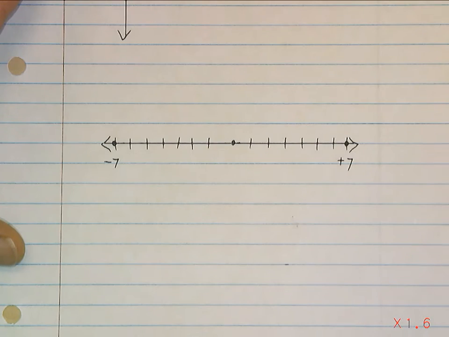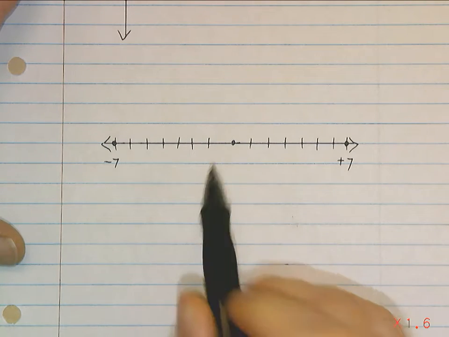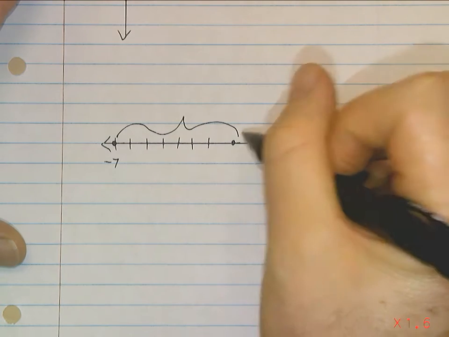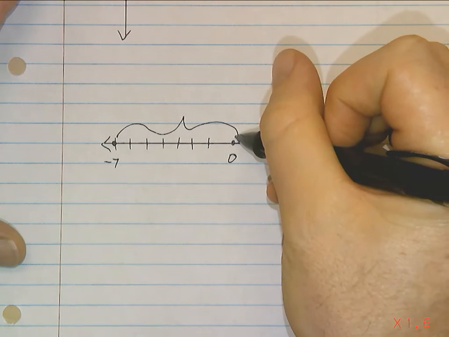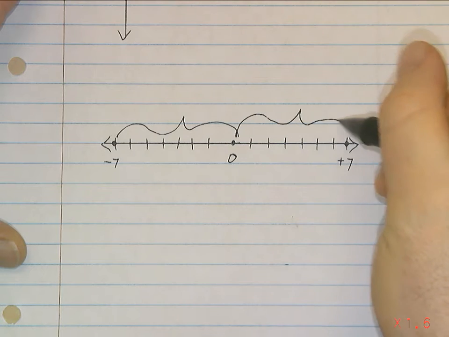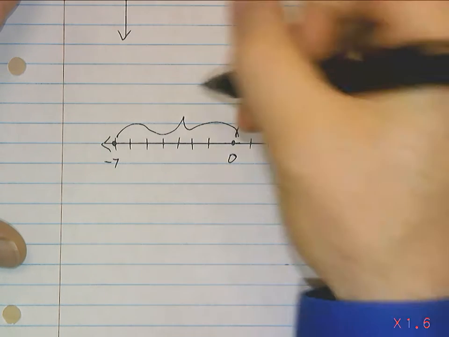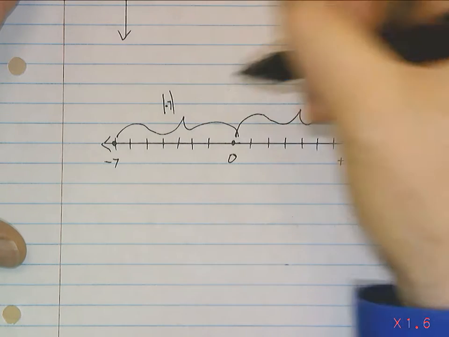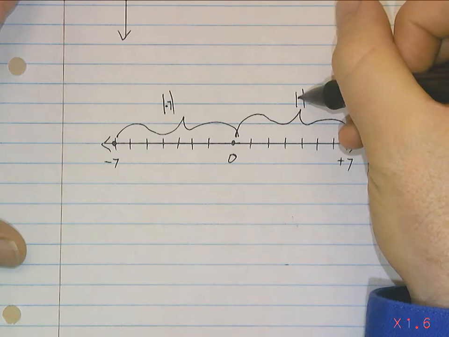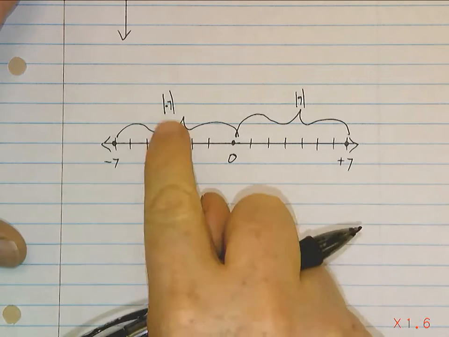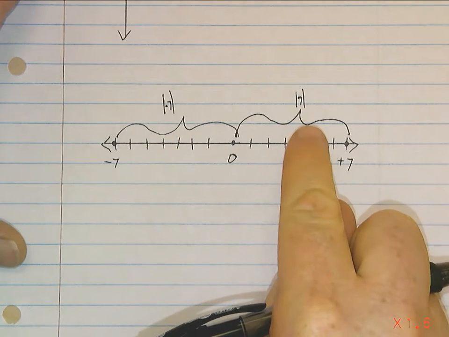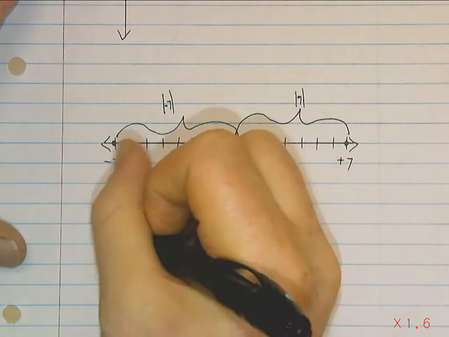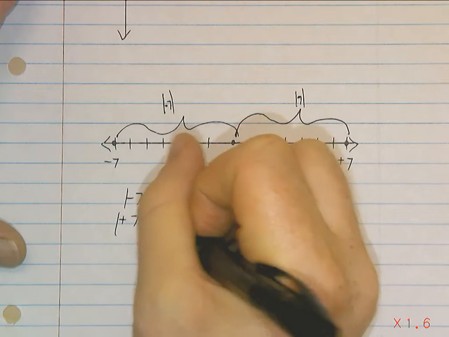Again, I'm sorry, it's not perfect here, but the distance from negative 7 to 0 is going to be the same distance from 0 to positive 7. So the absolute value of negative 7 and the absolute value of 7 is the same. The absolute value of negative 7 equals 7. The absolute value of positive 7 equals 7.